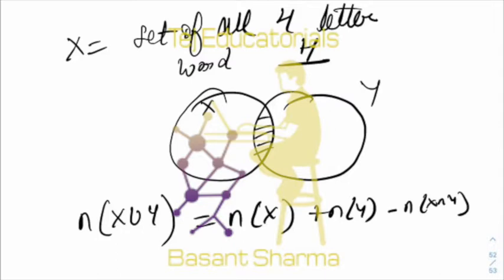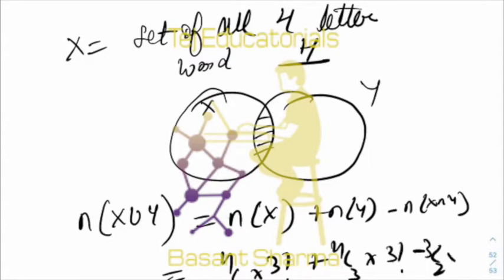So what will be your answer? It will be 4C3 into 3 factorial plus 4C3 into 3 factorial minus 3C2 into 2 factorial.